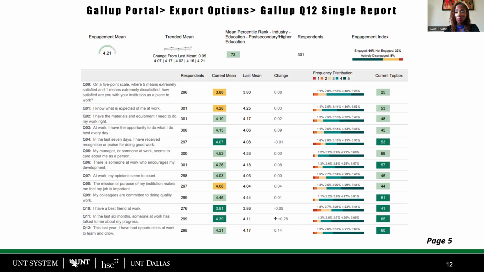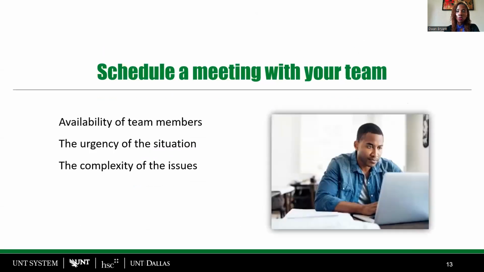And by the end of this presentation, I should be able to show you where to find the resource on our page. Now, I want you to think about what you want to achieve from the conversation. So still in step 1, another part of this process is preparing your meeting agenda for the engagement talk.